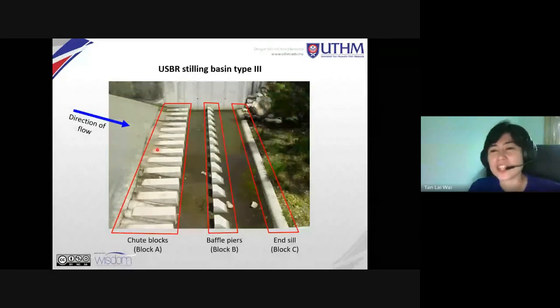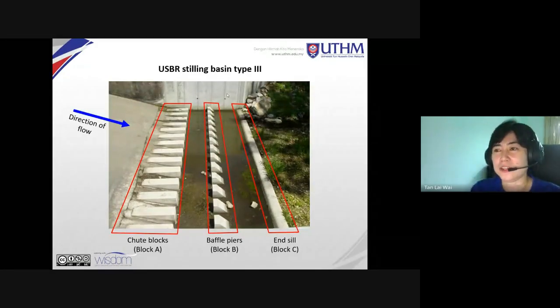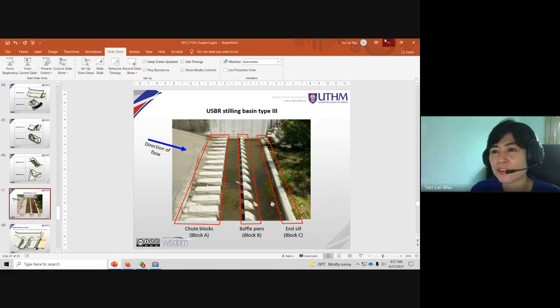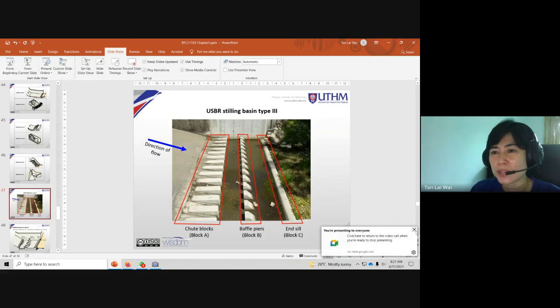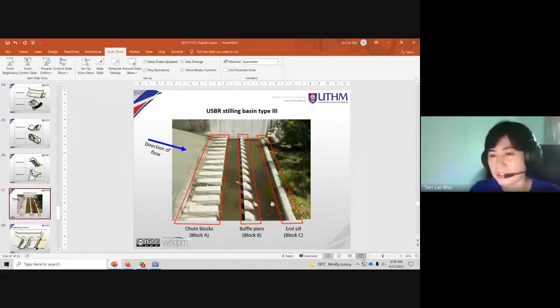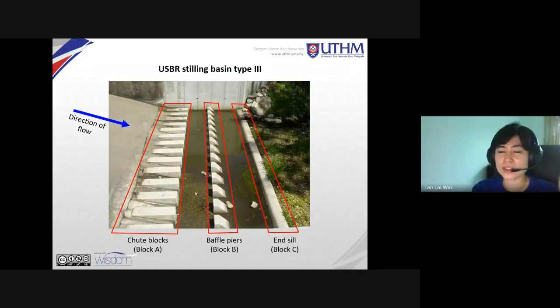Now, as the engineer, we would want the contractor to build this. Of course, the contractor requires information such as the height, the width, the space between these blocks, and how many blocks you want for this sealing basin.